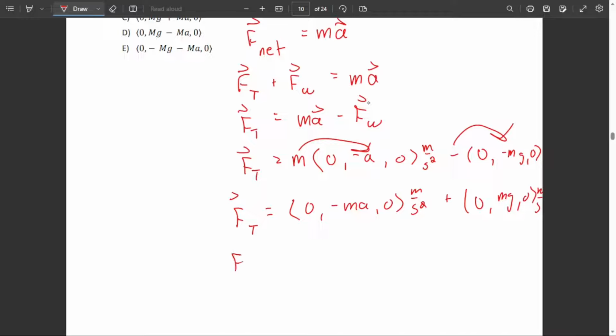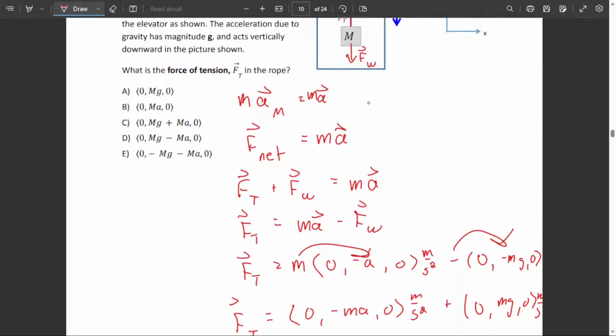And then we get force of tension is just mg minus ma. So our answer is D.